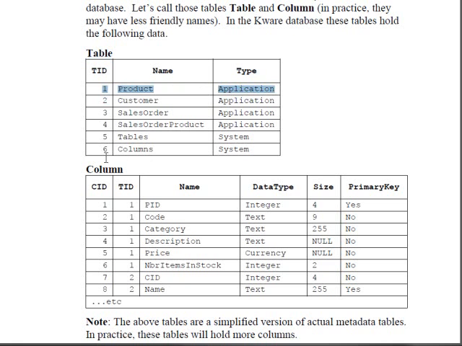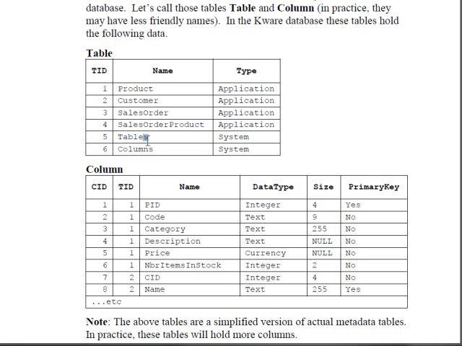So here we see 6 rows telling us that the KWare database has 4 tables that were created by Mike: the product table, customer table, sales order and sales order product tables. But there are another 2 tables in the database.